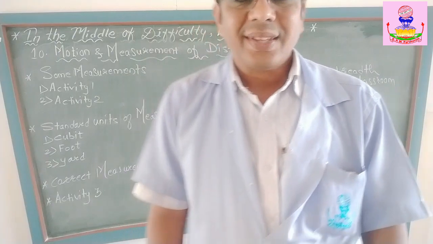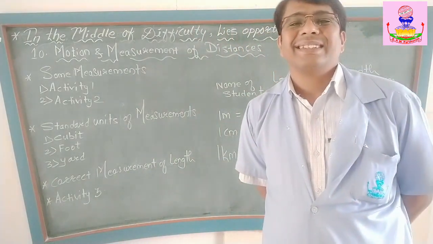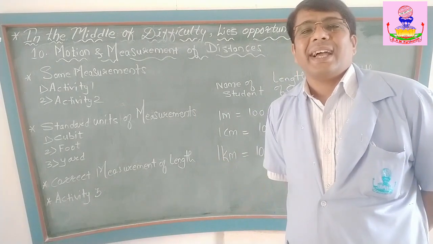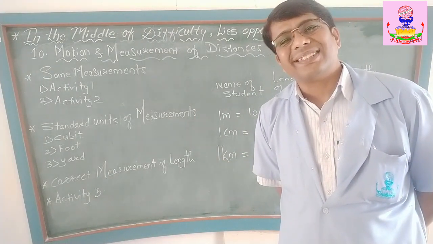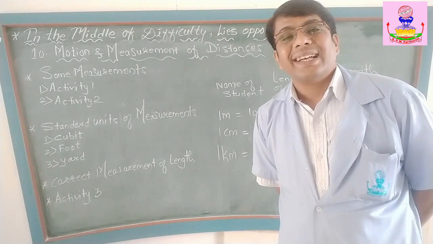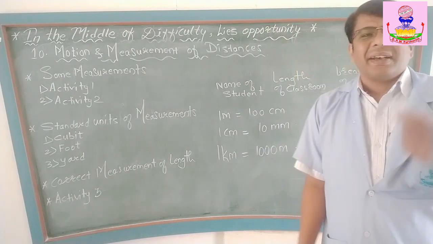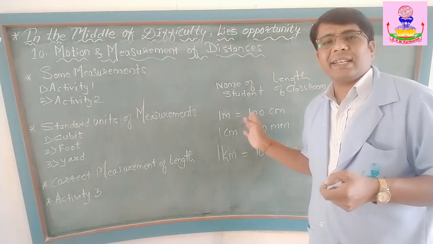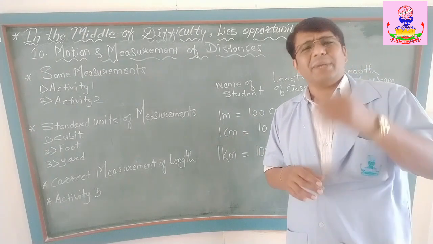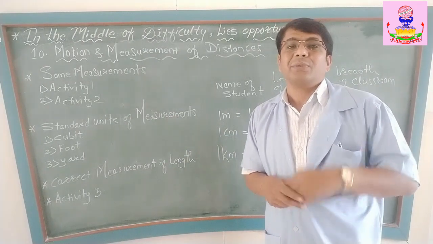Now, repeat all the activities that we have performed using these measurements and see whether you get the differences as we got while using the foot and the hand spans. You will see that hardly there is any difference while measuring. There may be some, because there are certain errors in measurements.